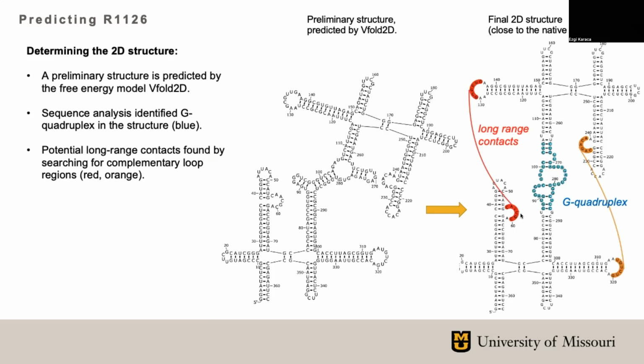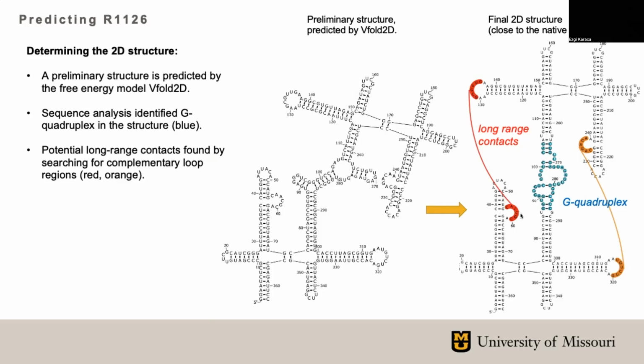So what we did was, after we predicted this 2D structure, we went to the PDB database, we did a sequence alignment, and we found this local alignment fit this G quadruplex. So we are sure this part should be the G quadruplex. So we put the G quadruplex here.